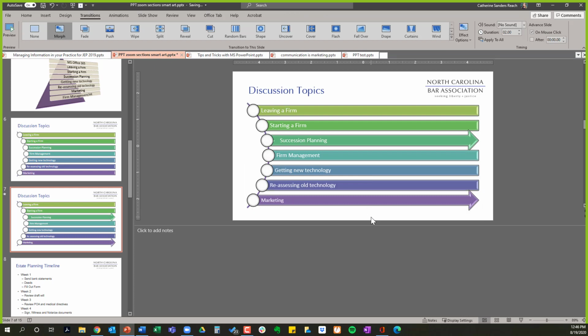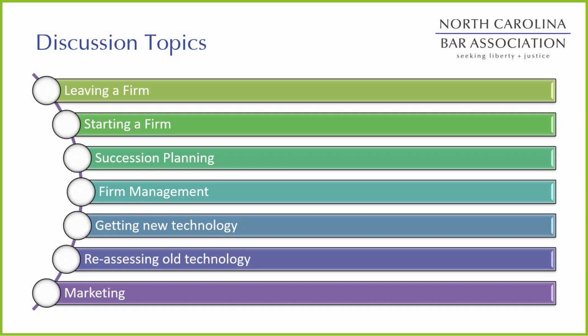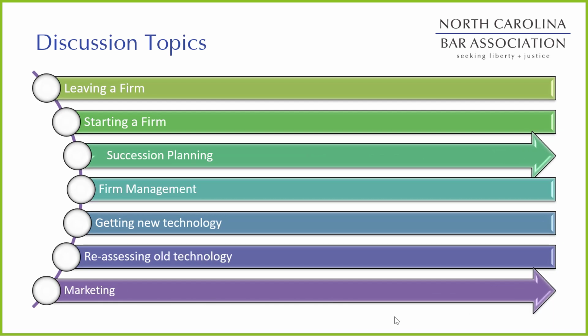Okie doke. So now we've highlighted two different elements of this particular list, and to see the animation in full sway, I'm just going to click. Isn't that cool?